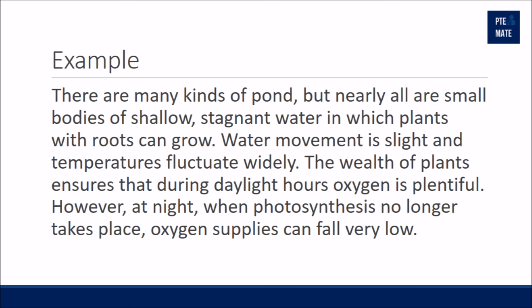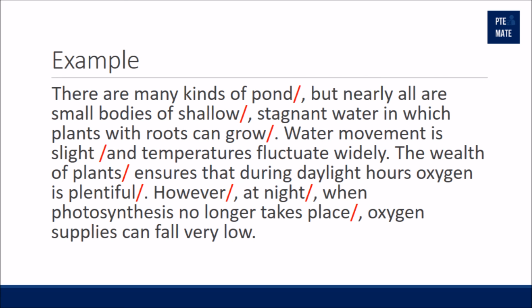Right, so here you can see the red forward slashes, and I'm pausing at natural places. At the same time, my speech is going up and down. Let's take the first bit, for example. There are many kinds of pond, but nearly all are small bodies of shallow, stagnant water in which plants with roots can grow.